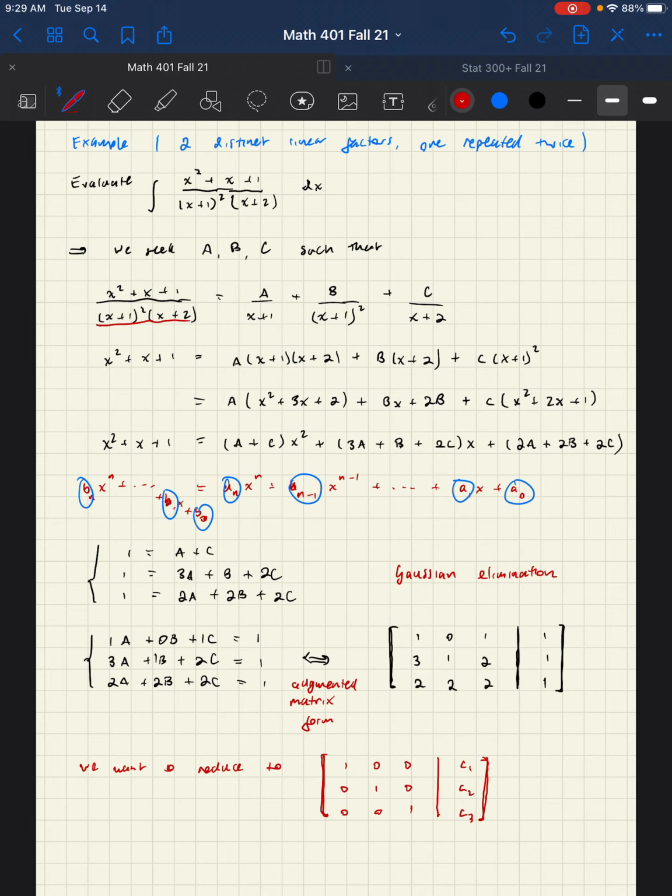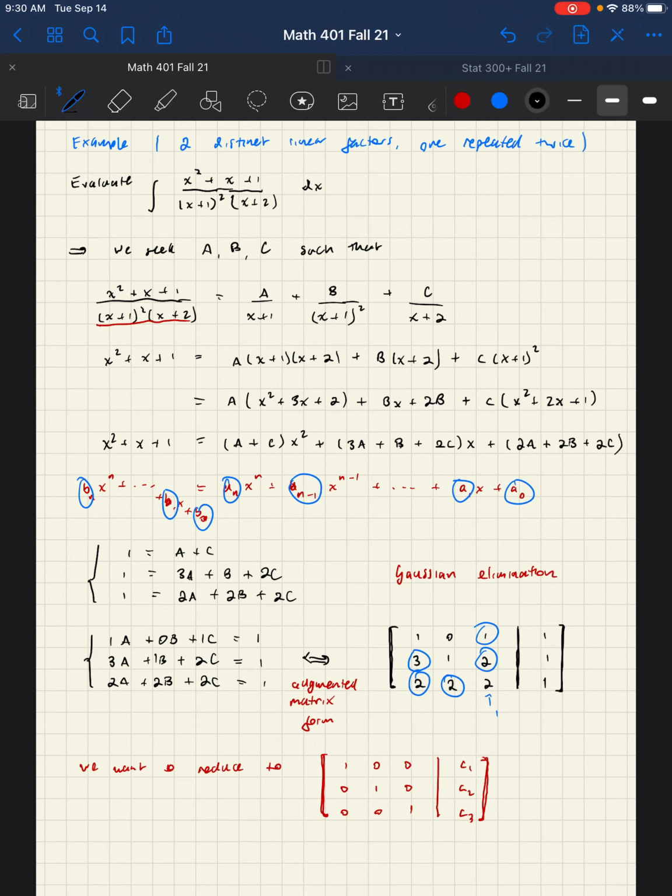Okay. So the key insight here is that we're going to need to get rid of a few pesky numbers. So notably, we're going to get rid of this, this, change that to a 1, get rid of this, okay? And we'll do that using what we call the elementary row operations, okay?